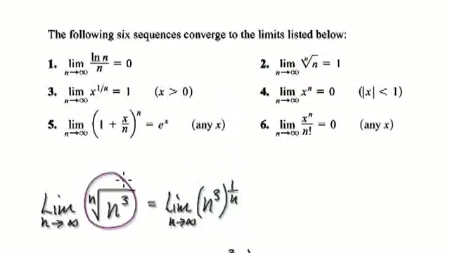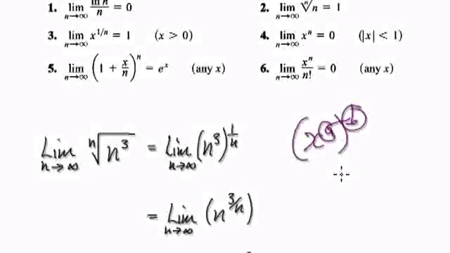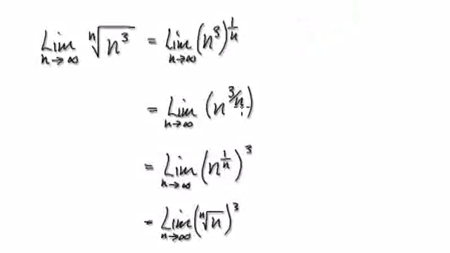So from here, rewrite it as this, and then remember x to the power of a to the power of b. These two multiply together to give you this, and then you can break the 2 apart. That will then give you this, and then this thing here is really the nth root.